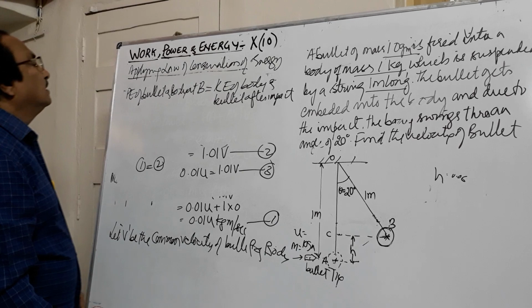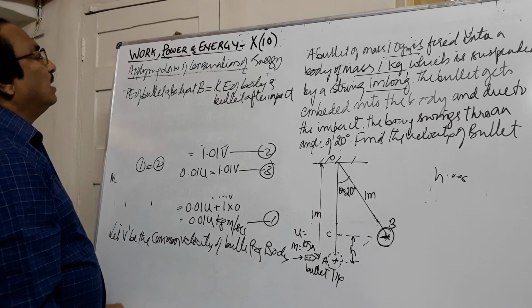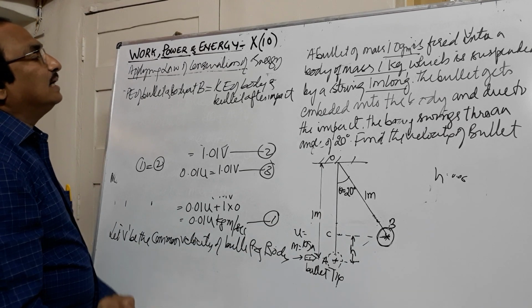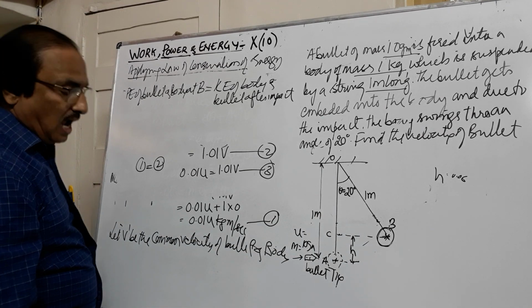So here the potential energy of the bullet and body when it rises by a height h is equal to the kinetic energy of the body and bullet after impact.